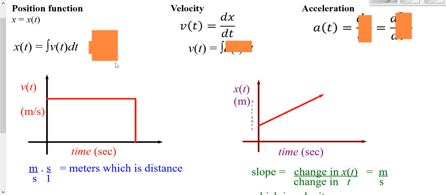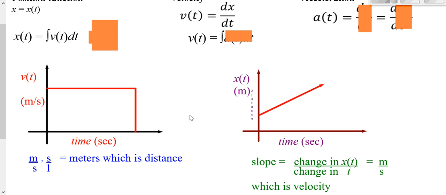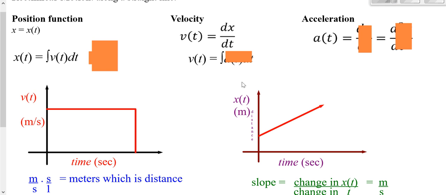Once again, opposite operations. Now, as a side note, if we looked at the slope of our velocity, it'd be meters per second over seconds, which is meters per second squared. And so the slope of your velocity, meaning the derivative of your velocity, is acceleration.